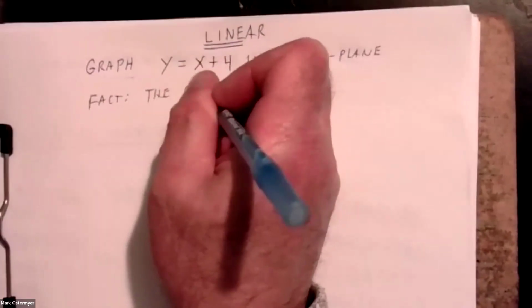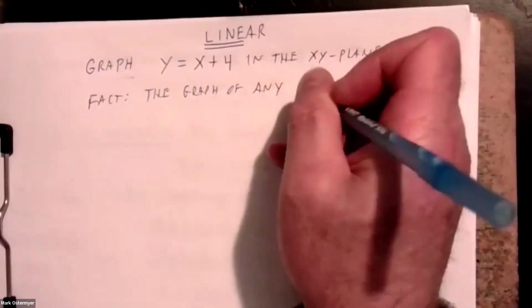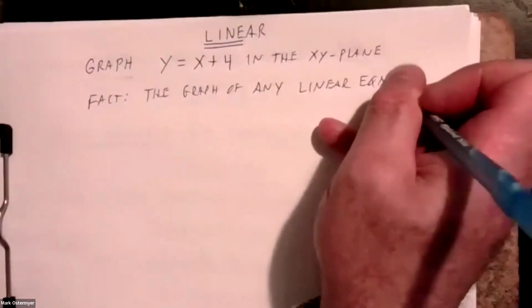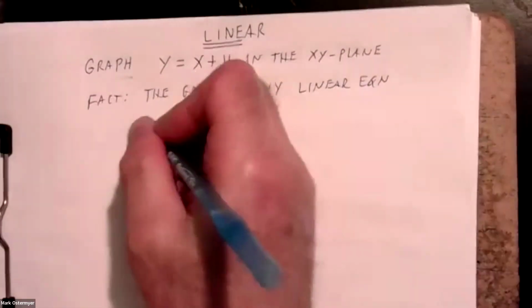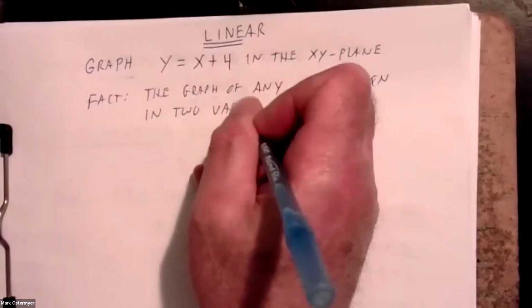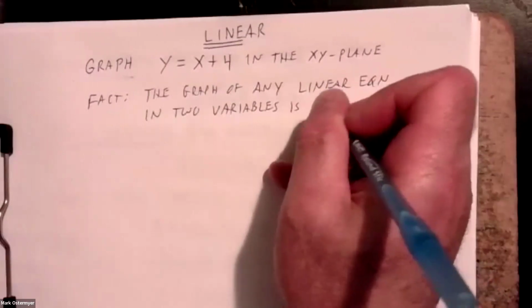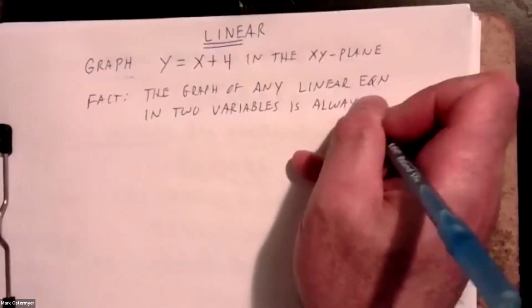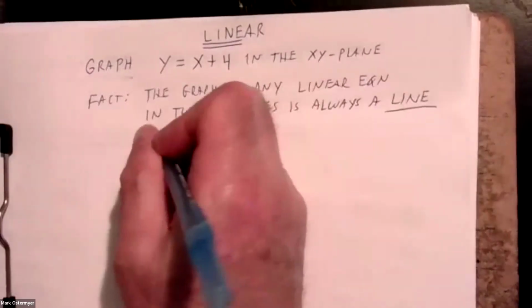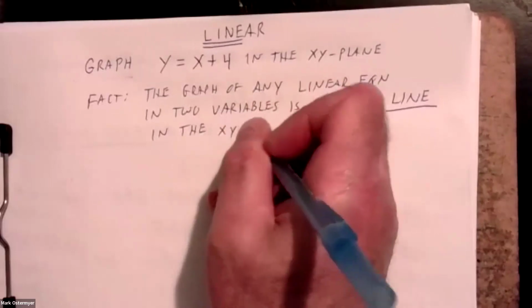The graph of any linear equation, EQN is short for the word equation, in two variables, the graph of any linear equation in two variables is always a line in the XY plane. It's always a line.